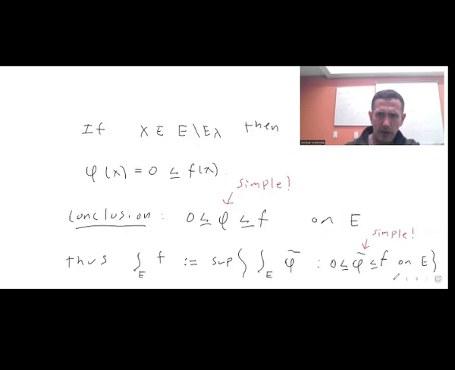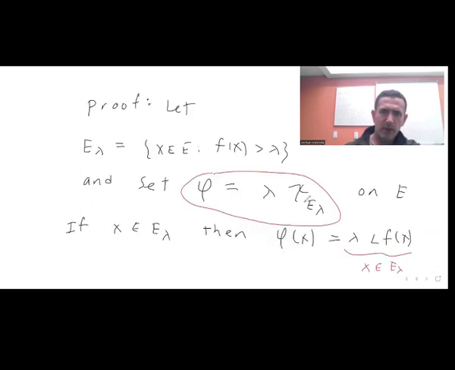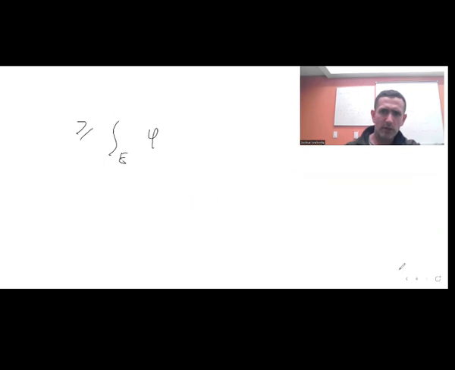As an upper bound, this is bigger or equal to lambda times this characteristic function integrated, so that's going to just be lambda times the measure of E lambda.